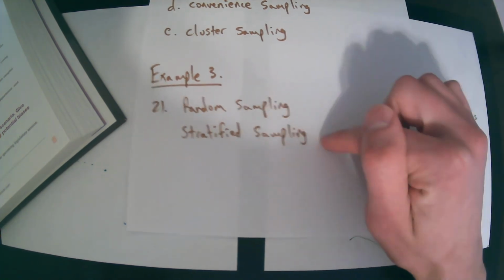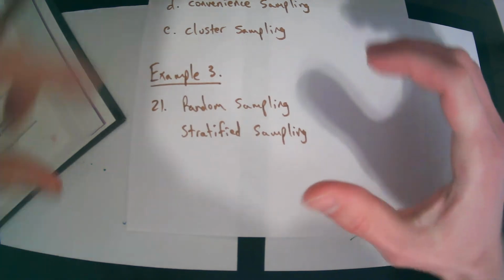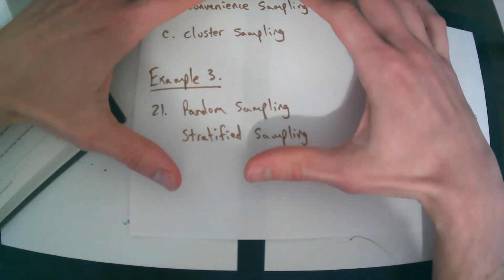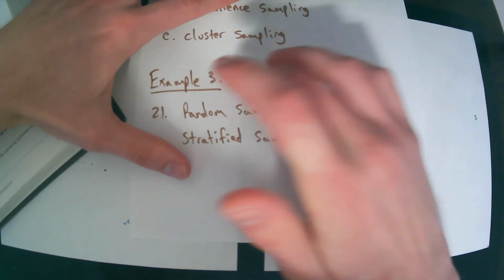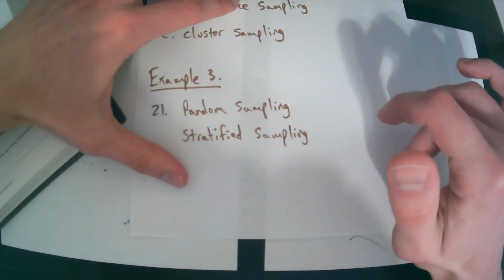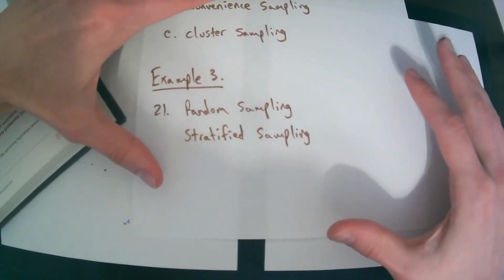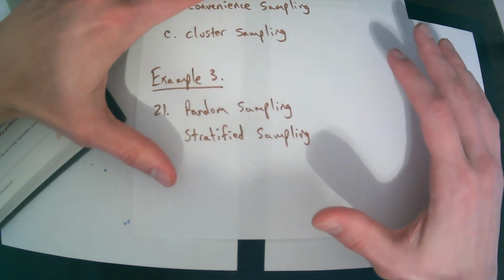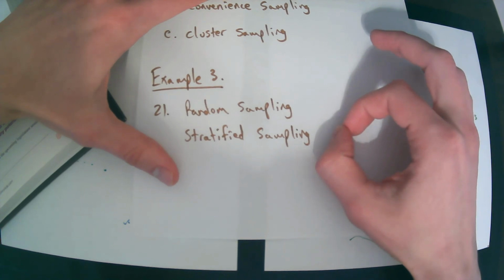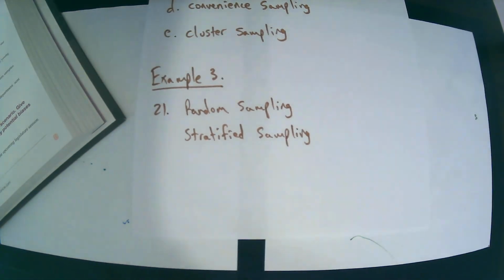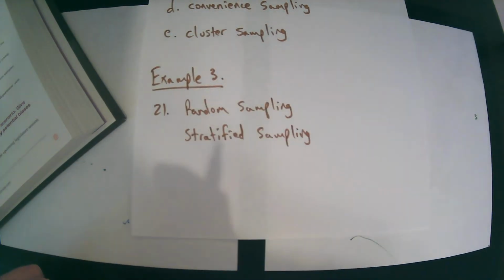Now, that may not be good if there is one giant district and one tiny district, and those are our two subgroups, and we pull 50 people from each group. That would not be representative of the area as a whole, because this district is much smaller, right? So we would have to be careful with our stratified sampling.